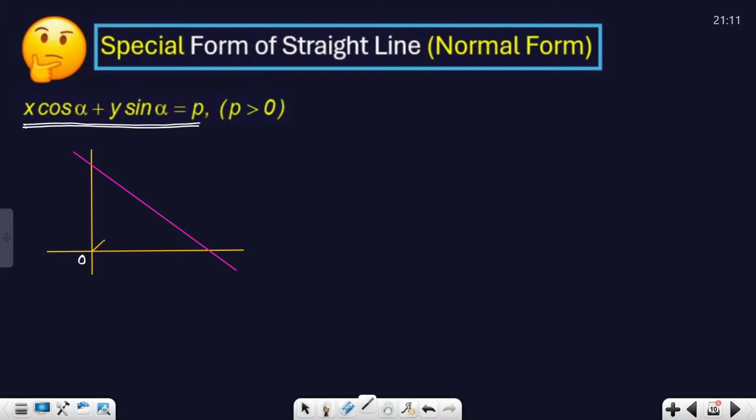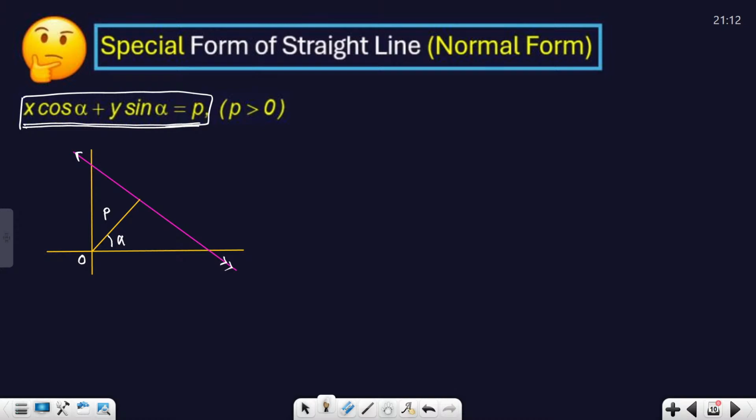Okay? This is perpendicular on this purple line. We have to find out the equation of this purple line. Now, from the origin, I have dropped a perpendicular on this line. This is my required line. Okay. And p is the length of the perpendicular drawn from the origin on this line. And this perpendicular is making an angle alpha with the positive direction of the x-axis.